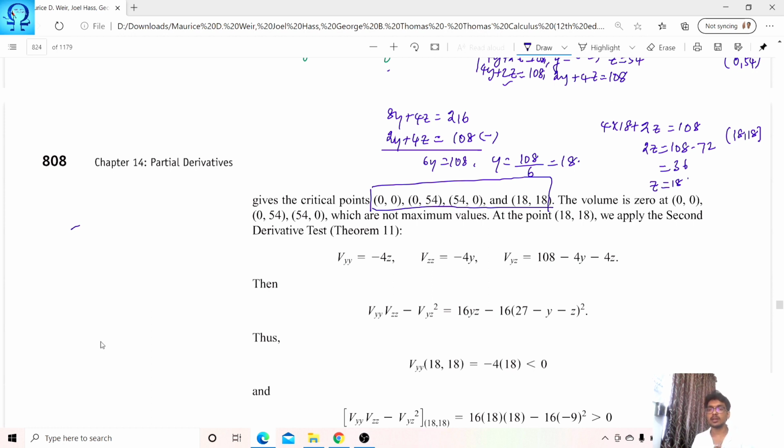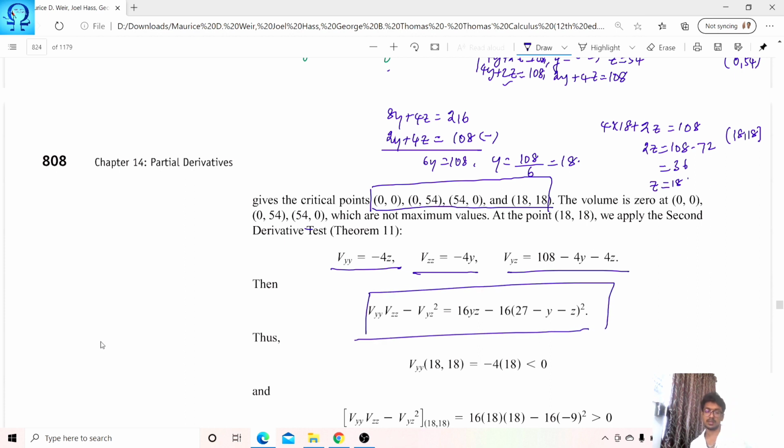So 18 comma 18 is the only point which may give you the maximum value, for which we apply the second derivative test. That is, we find Vyy and Vzz and Vyz also, and we substitute this 18 comma 18 point into these quantities and see the discriminant value.